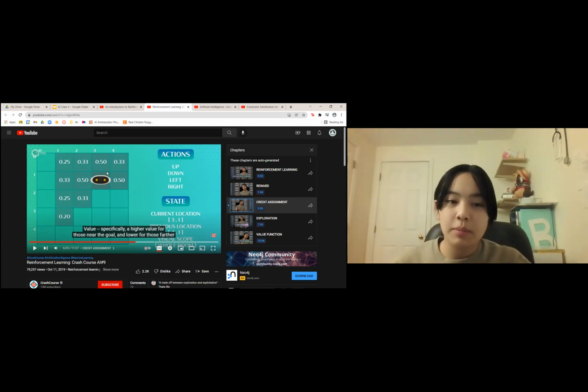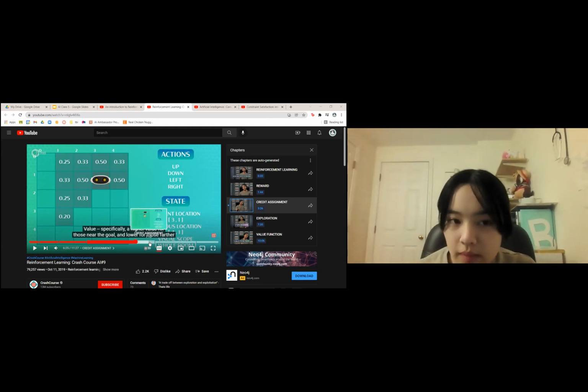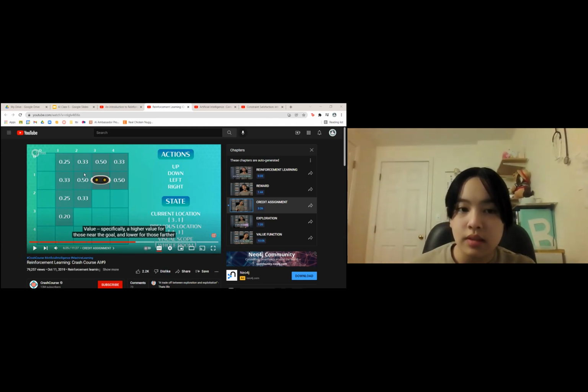In more complex situations, it would be the same idea, but on a grander scale. We would basically assign bigger numbers when it's closer to whatever it's trying to reach. Even if this is a bigger grid, or if there was a +3 battery here, the numbers would be bigger around the +3 battery.